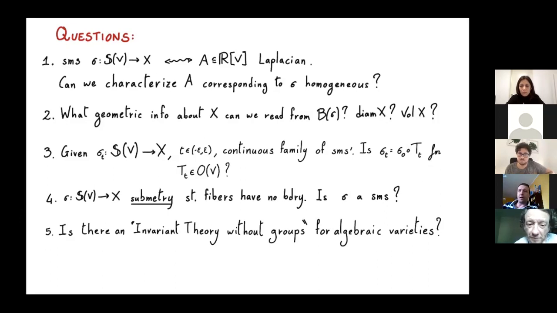So I think the corresponding Laplacian algebra determines the spectrum of the Laplacian on the quotient of the sphere by the finite group, and the spectrum determines the volume of the quotient, right? That is something we want to understand.